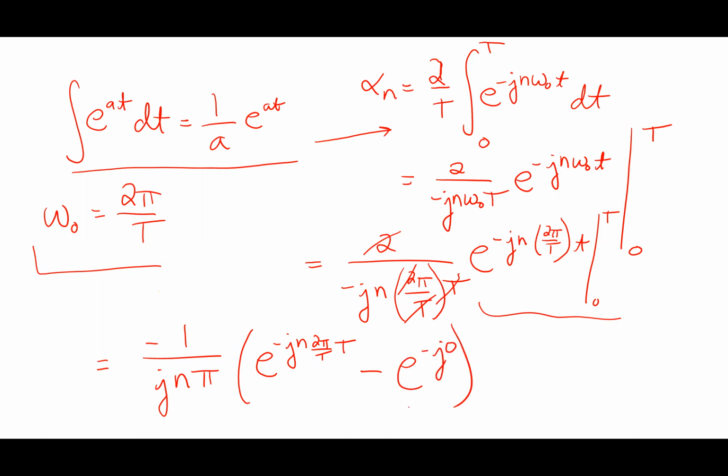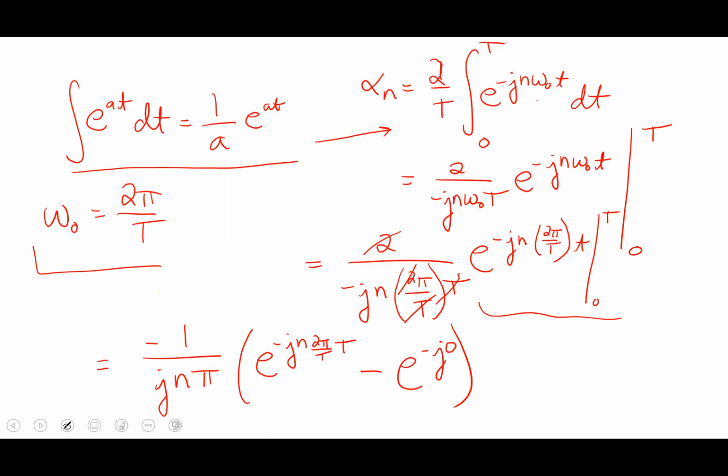I'm not even going to bother writing in the rest of it because there's 0 in that one. So e to the j 0, what is that? It's 1, right? So this whole thing becomes, over here, alpha n equals 1 over j n pi times 1 minus e to the negative j n pi.